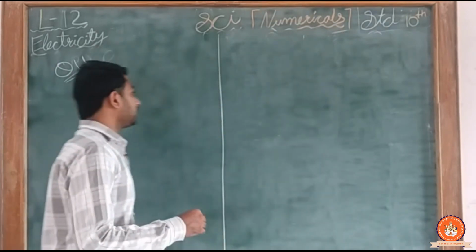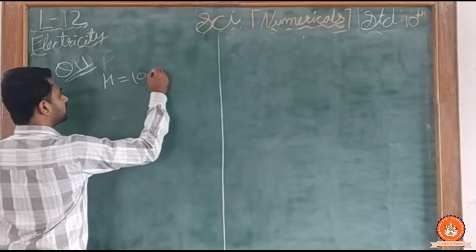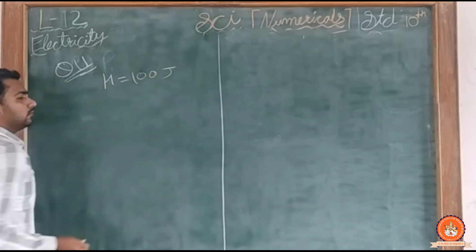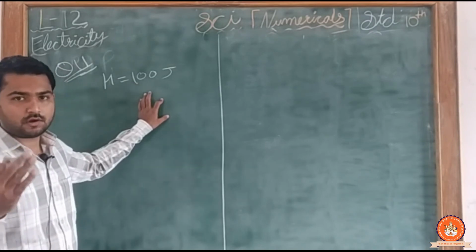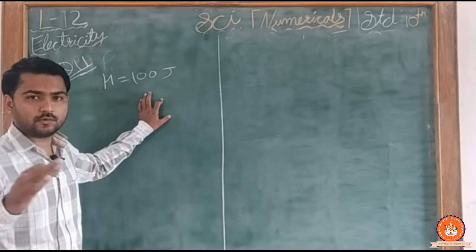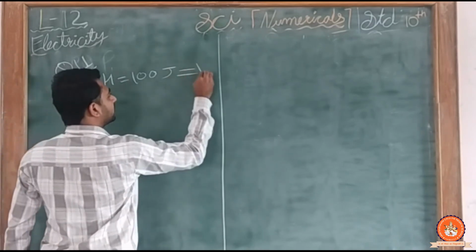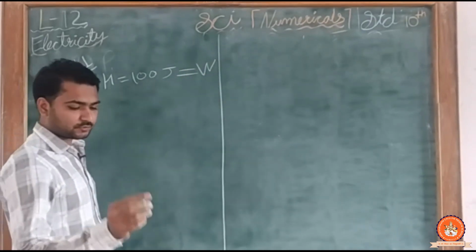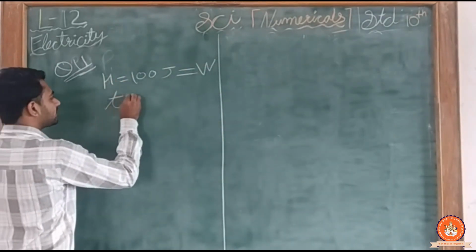So I will write like this: H is equal to 100 joule. Now we have the same unit with W also. Work done is also equal to some value, and the SI unit of work done is joule. So heat released is also equal to W. Clear students? Now they give us time T is equal to 1 second.